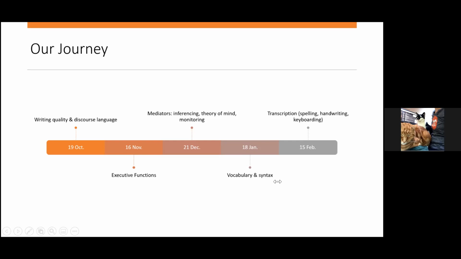So I'm really looking forward to talking about that next time. And wanted to make sure we had today, though, to talk about how inferencing may mediate that relationship of vocabulary and syntax to our overall writing quality and how discourse is in written language.